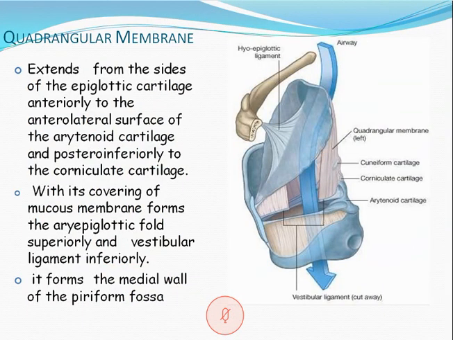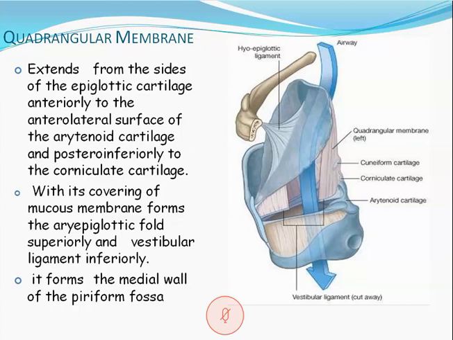The quadrangular membrane extends from the sides of the epiglottis anteriorly to the anterolateral surface of the arytenoid cartilage and posteriorly to the corniculate cartilage. Its covering of mucous membrane forms the aryepiglottic fold superiorly and the vestibular ligament inferiorly.